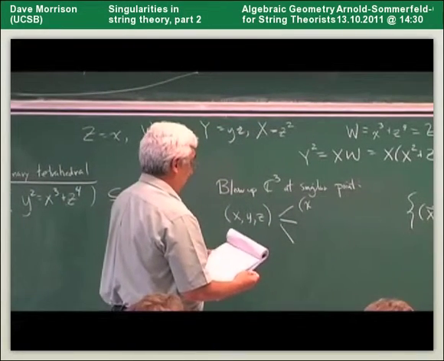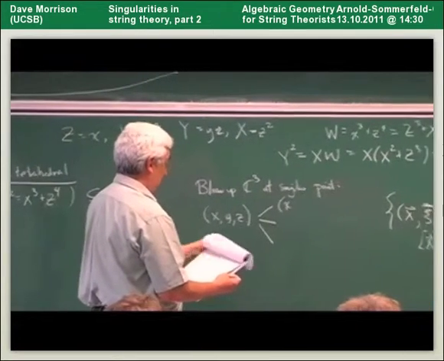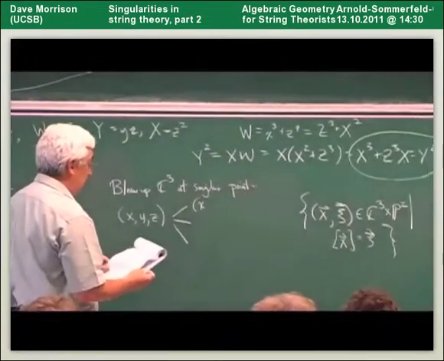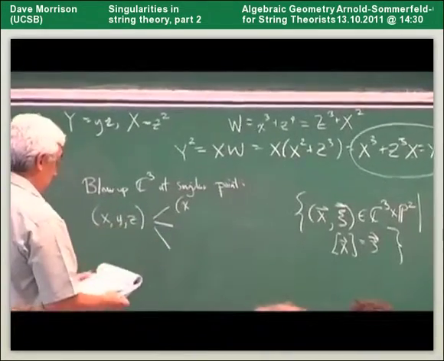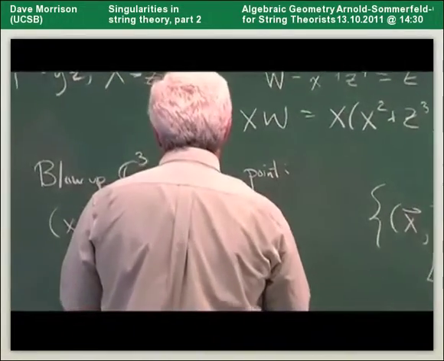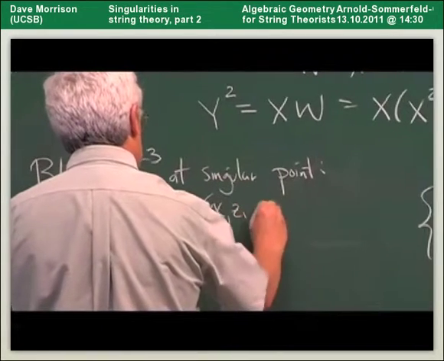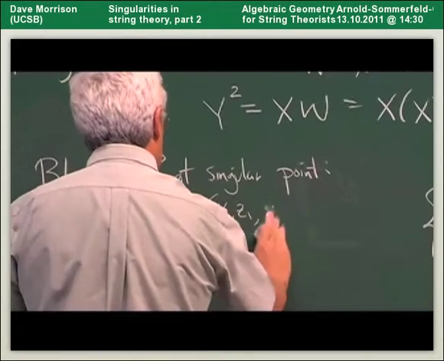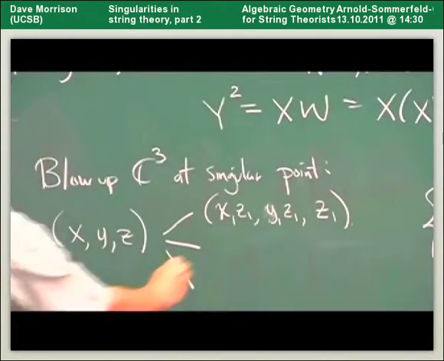Sorry, I've got to find my blow-up page here, or else I'm in deep trouble. Here we go. Right, so I could do x1, z1, y1, z1, and z1, or 3 other choices.